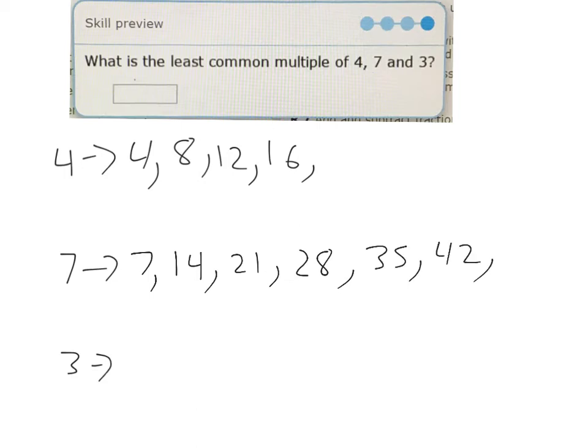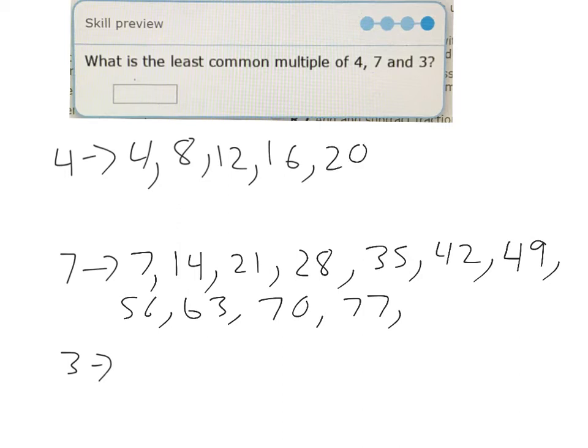I feel like no, 42 won't work. 49, 56, 63, 70, 77. Let's continue here.